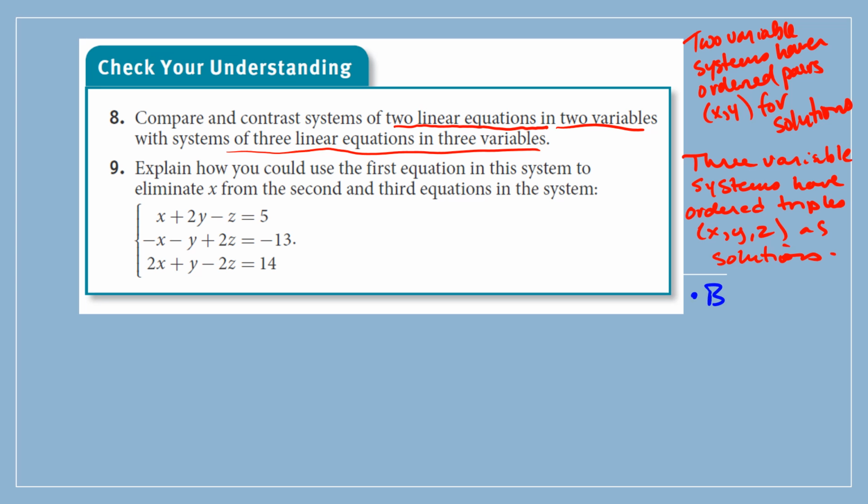Both can be solved by substitution or elimination. And if you had experience graphing planes in three dimensions, you could solve by graphing also, but we're not going to go there right now.